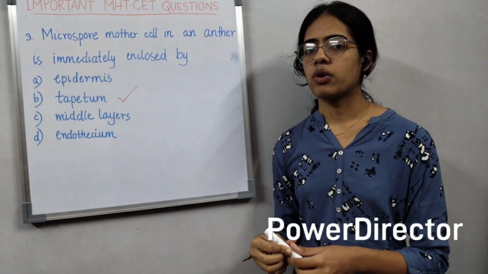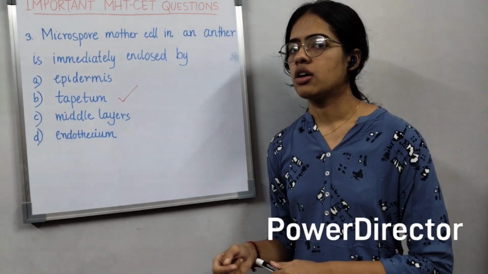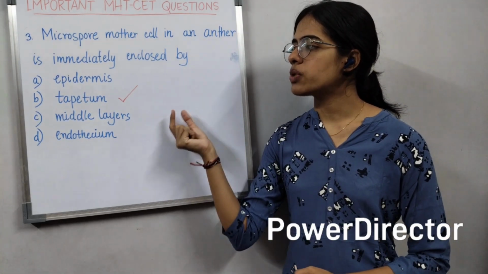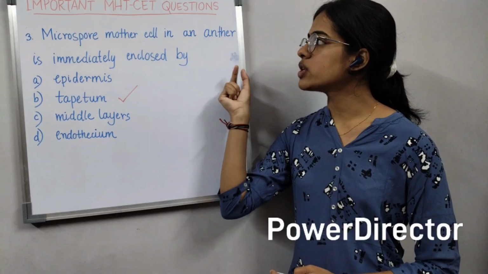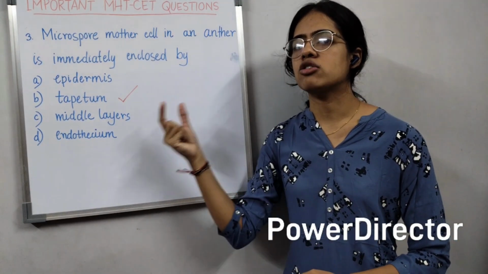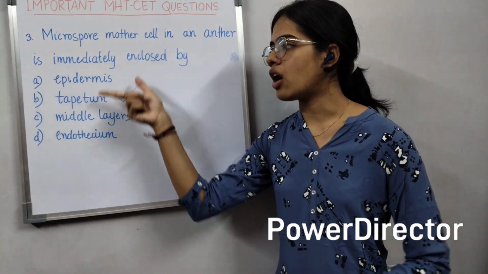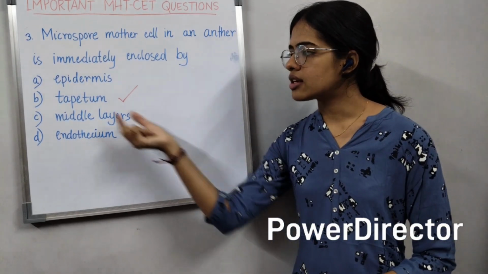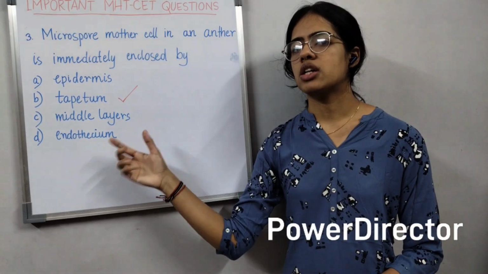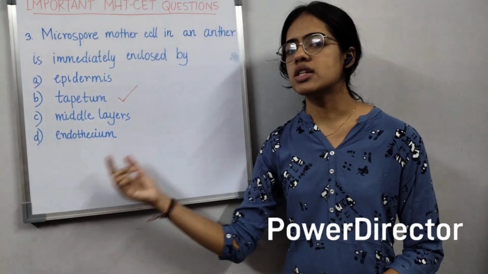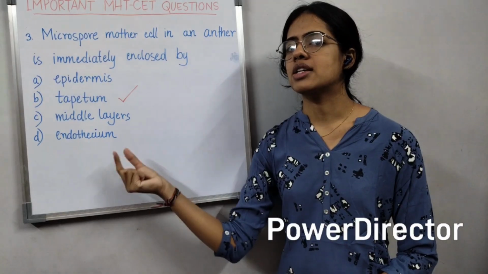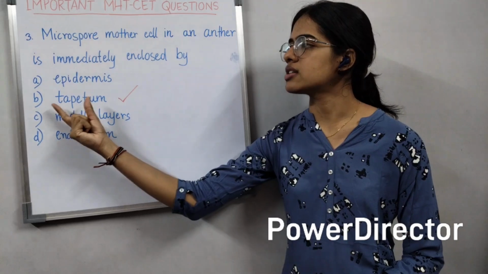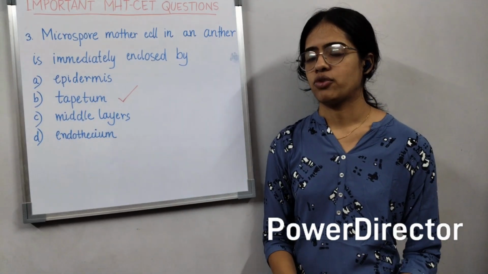I had explained the structure of a stamen in one of the previous videos, and there I covered the layers of cells which are present in the microsporangium of an anther. The tapetum is the layer which is closest to the microspore mother cells, or the premature pollen grains which will be developed. So tapetum is the correct answer for this question.